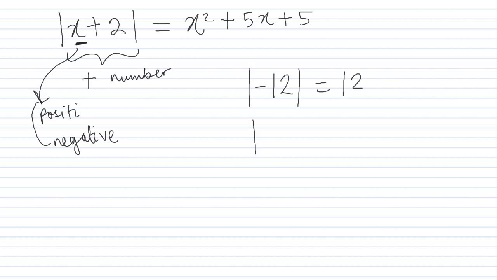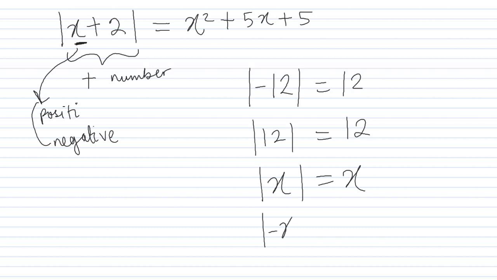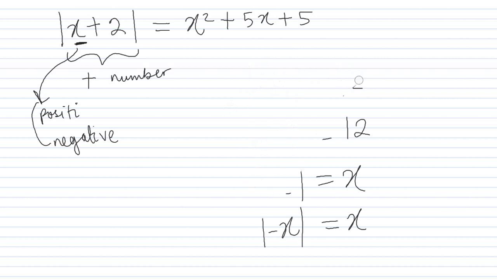The same way, the absolute value of 12 is 12, right? Or the absolute value of x is x. The absolute value of negative x is positive x. So that means x can either be negative x or positive x. Do you understand? I just wanted you guys to know that, because that's going to be very important as you go on to do the solution to this question.